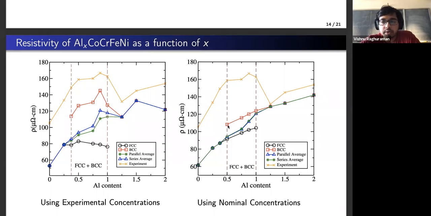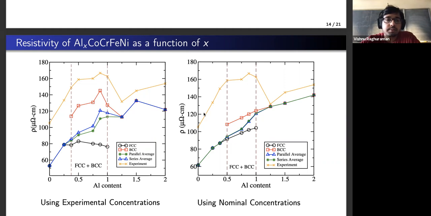There's a shift between the resistivity of FCC and BCC, but it's mostly monotonic. If you take a naive series and parallel average between the two, you see a fairly constant increase, which doesn't match the experimental trend, which is a non-monotonic decrease.